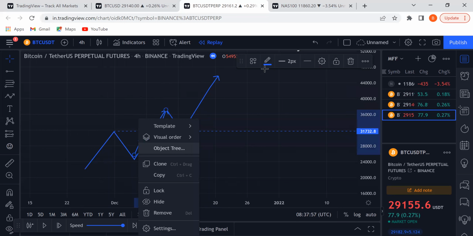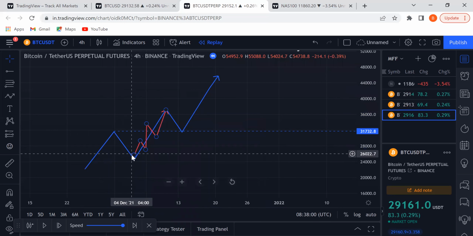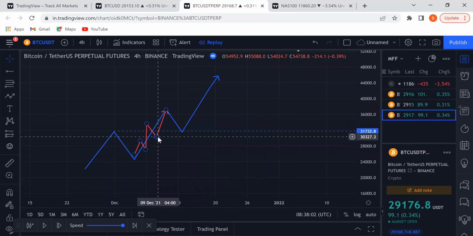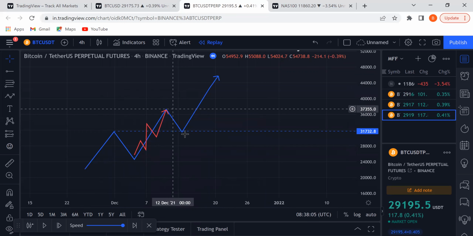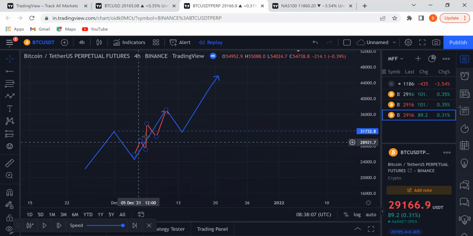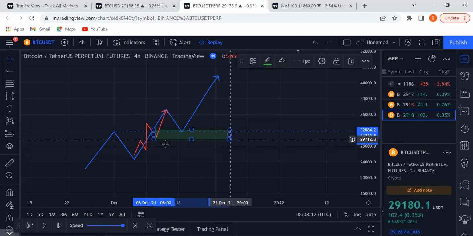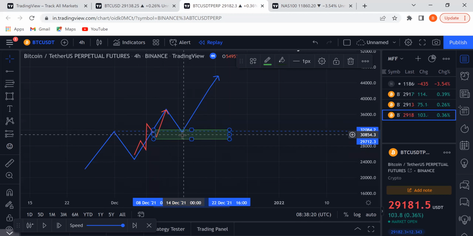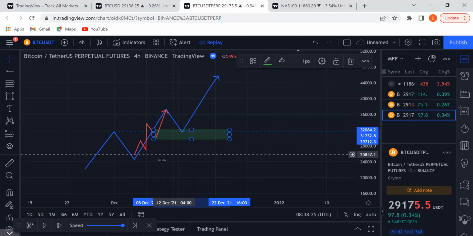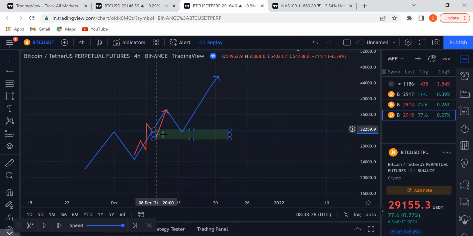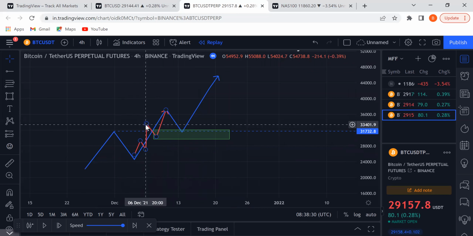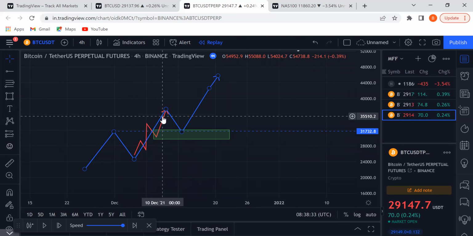Considering this minor structure, it's reacting to this minor structure. Maybe inside this minor structure we have a demand zone here. So it's inside this demand zone that we now have our sell to buy candle. That means that sell to buy candle is interacting with this demand zone of this minor structure that we have here.